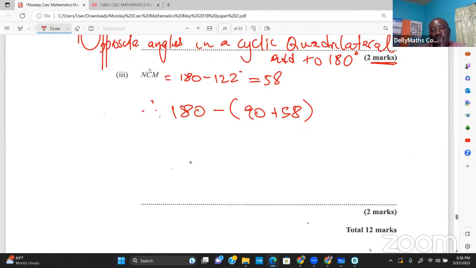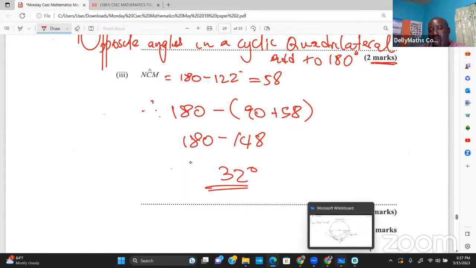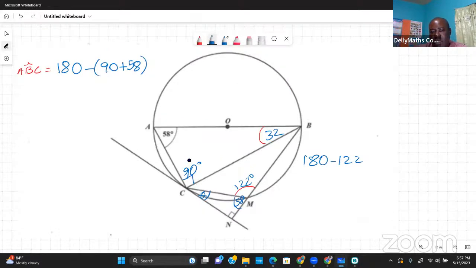And then you're gonna get 180 minus 148. You're gonna get 32 again, right? So that angle right there is, let me go back, I'll give you the chance to write. This angle right here is 32. Let me use clear. Let me put it red, 32. That little angle that they asked for is 32.